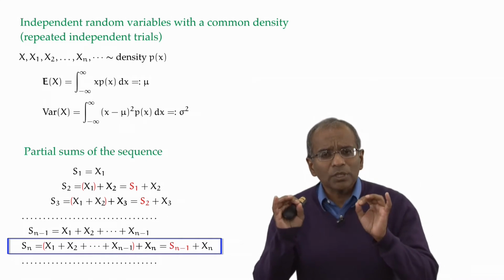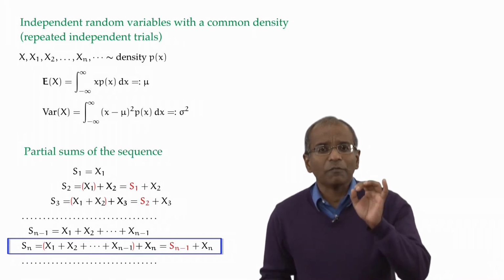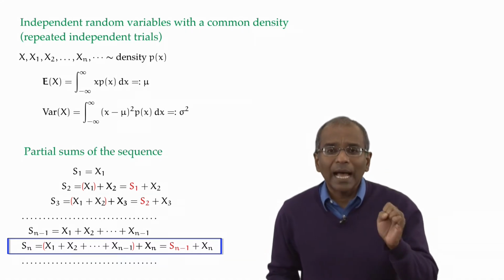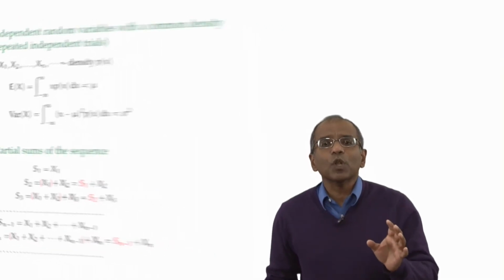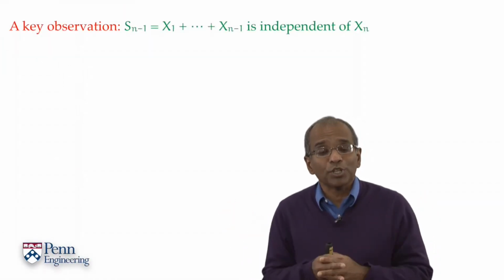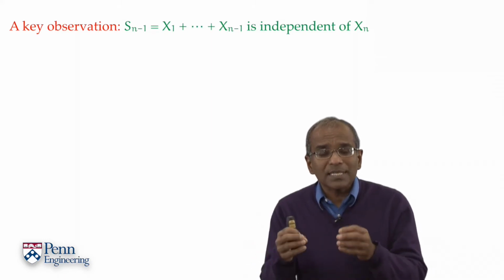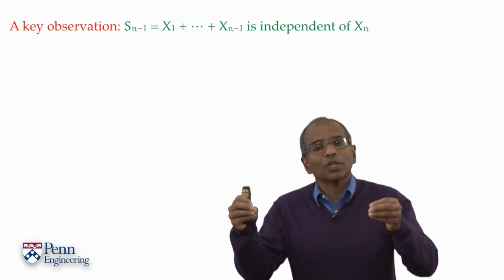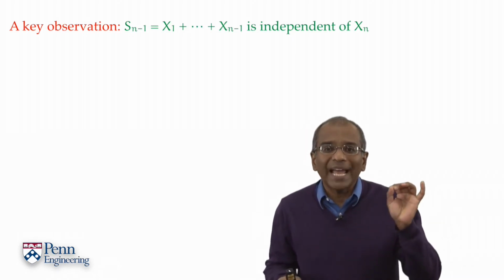Let us focus on the last line on the screen. Sn is a sum of Sn minus 1 and Xn. A key and beautiful observation may be made at this point, to wit, that Sn minus 1, the sum of the first n minus 1 coordinate variables, is independent of Xn.